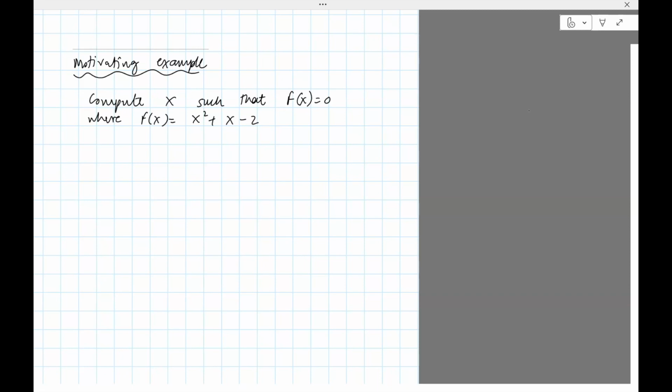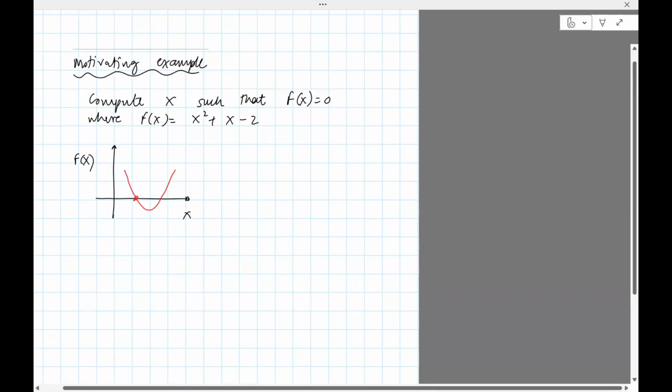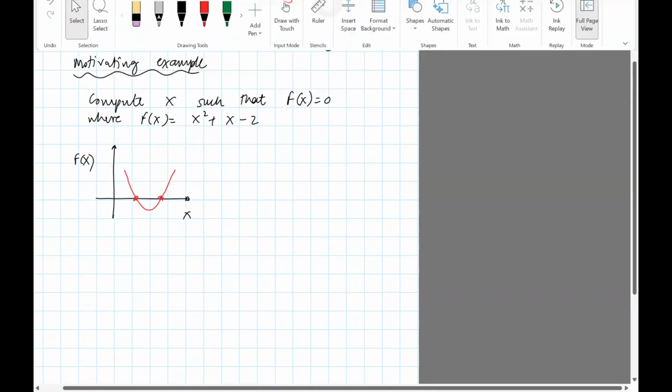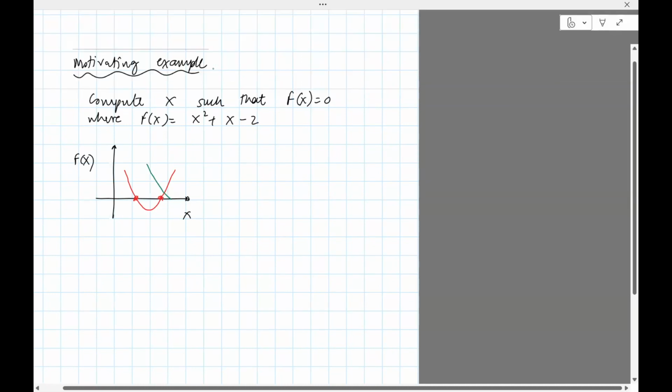Now what we know about a quadratic equation is that it can have two roots, one root, or no roots. Those three cases are, if you draw f of x as a function of x, you could have either this, in which case those are the two roots. You could have something like this.